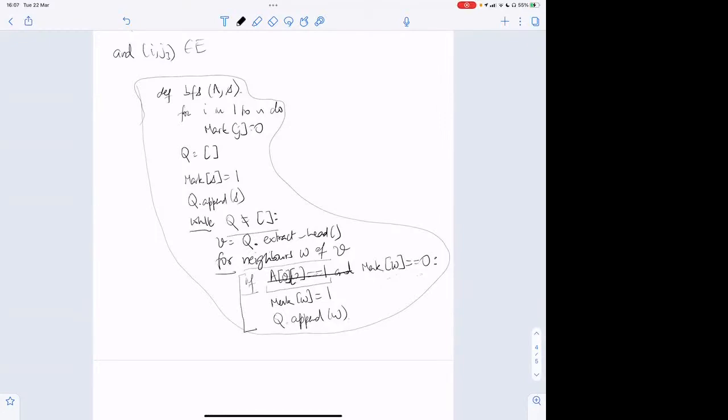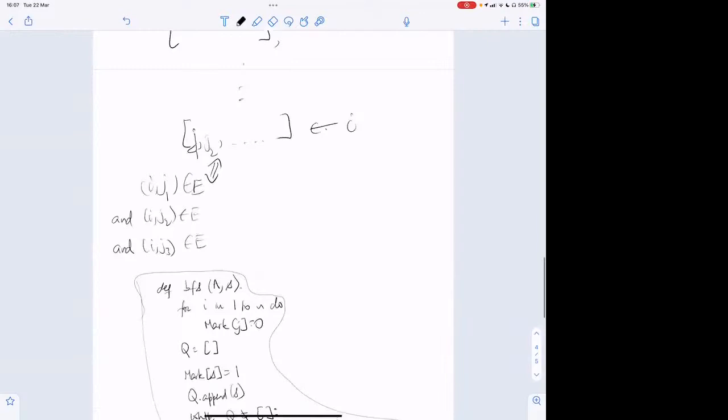And how will I find neighbors? I will just go over the list, the Vth list in this adjacency list representation. Are you with me?